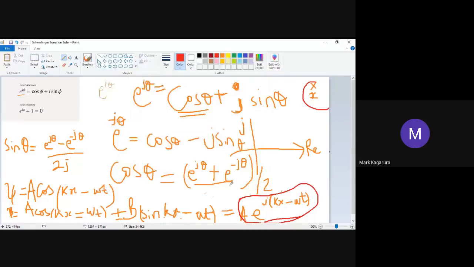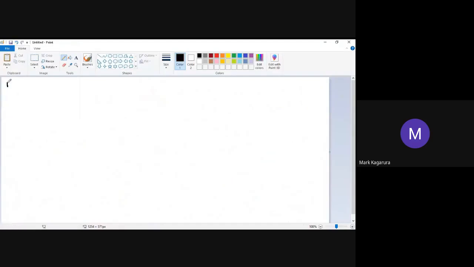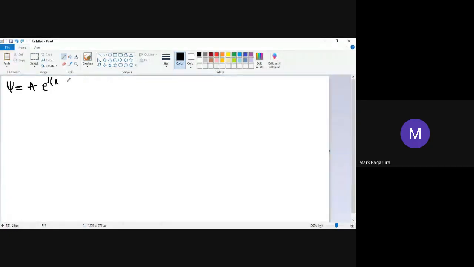Given that background, we can have the wave function psi equal to e to the power j(kx minus omega t).